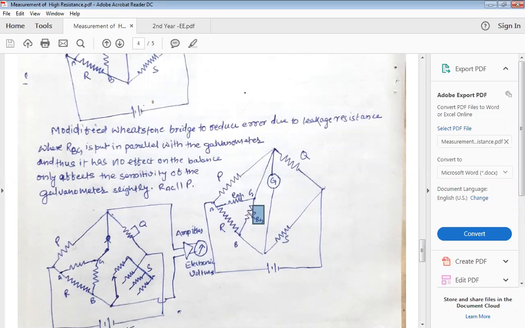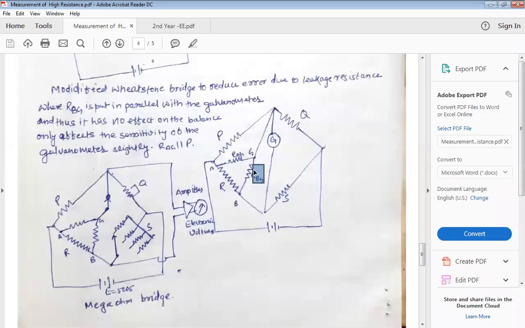So the effect of leakage resistance is neutralized, and RAG, the resistance between terminal A and the guard terminal, is in parallel with the terminal resistance R. This modification in the Wheatstone bridge minimizes the error due to leakage resistance, and in this way you can measure a high resistance using the Wheatstone bridge.